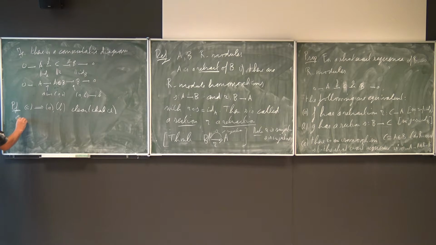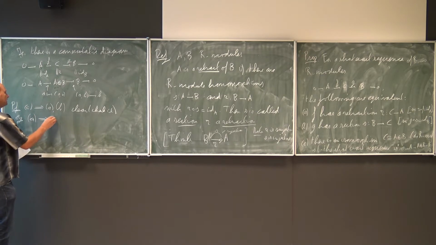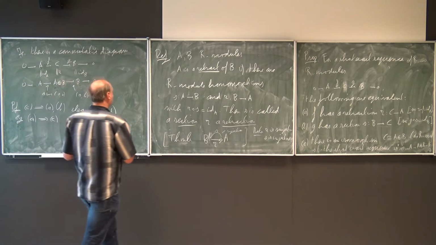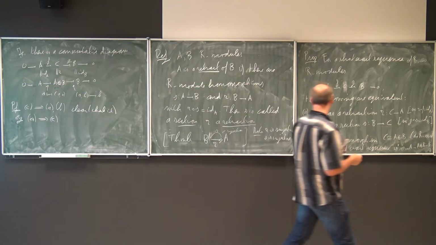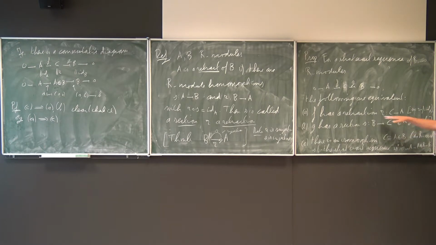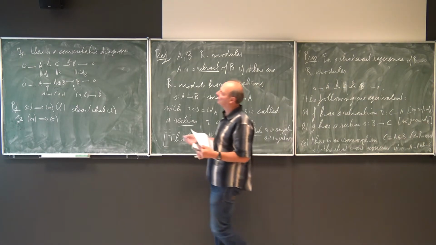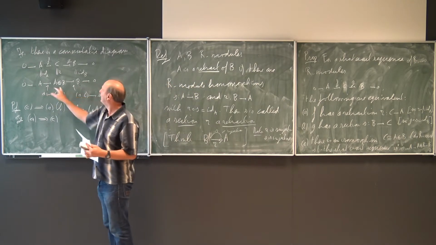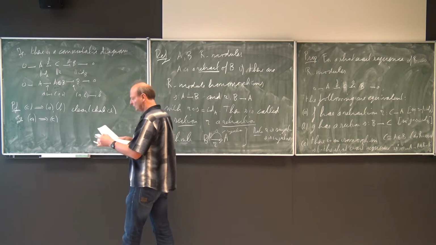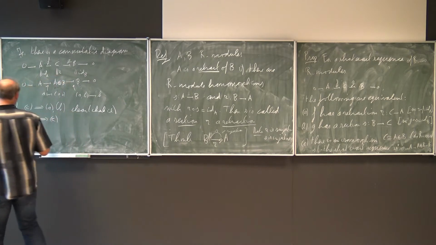And for the other two, I would have to show that A implies C and B implies C. So let me do A implies C. So we've now been assuming that we have a retraction, and I want to have some kind of direct sum decomposition of C into A and B. So let's first do this direct sum decomposition.